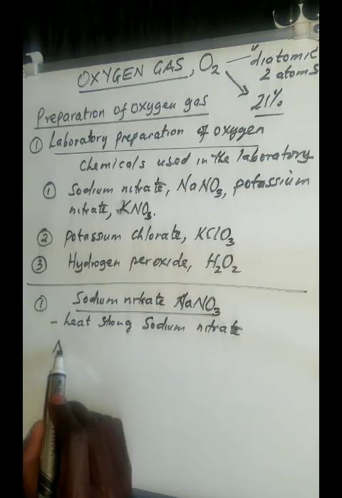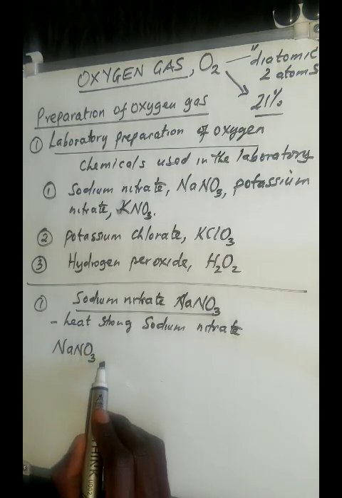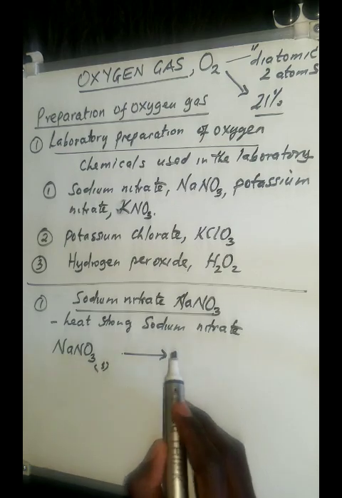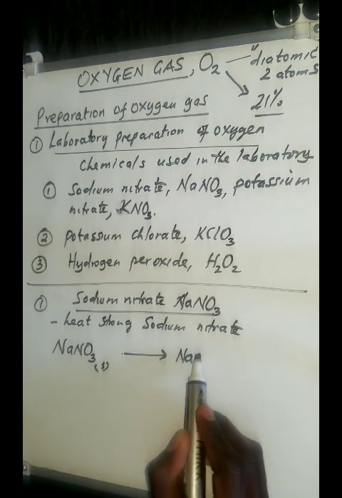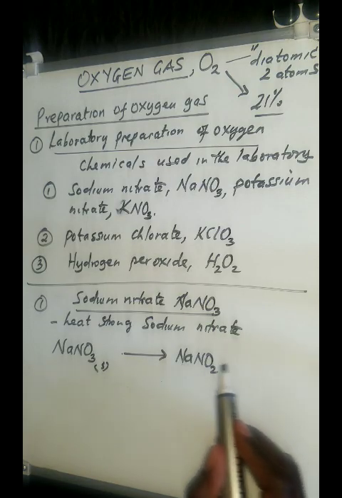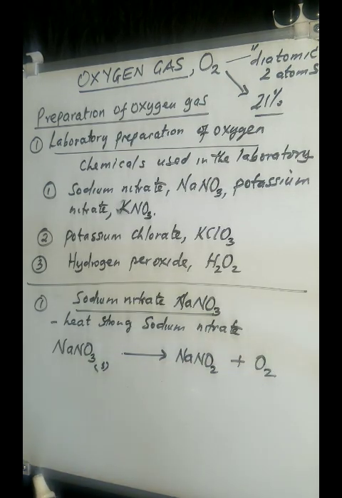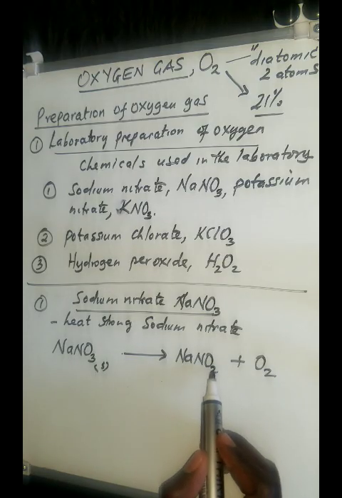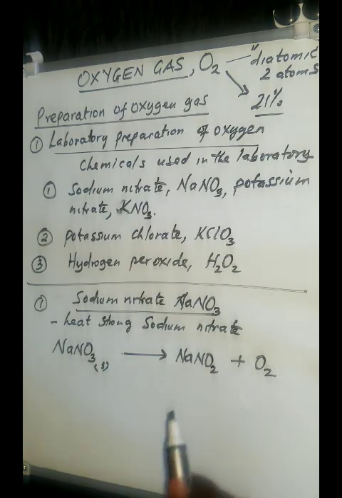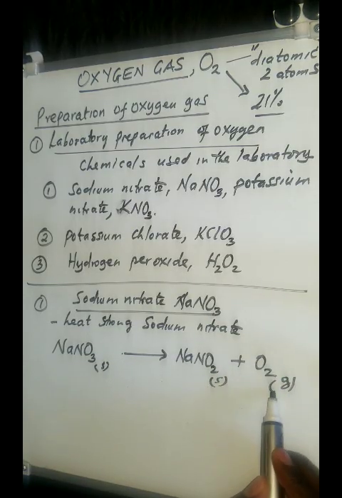If you look at the overall reaction, when sodium nitrate in solid form is heated, it is going to produce sodium nitrite, plus oxygen is going to be liberated. So sodium nitrite is produced and oxygen gas is also liberated. The nitrite will still be in solid form and the oxygen is going to be in gaseous form.